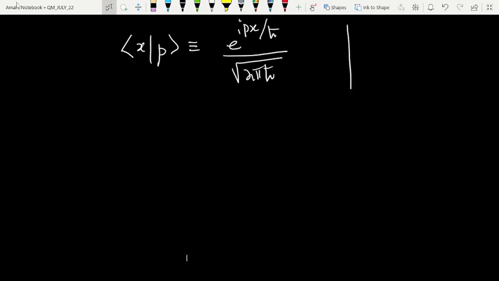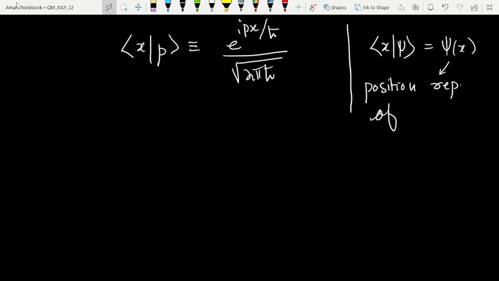We know that the inner product of x with psi is psi of x, which is the position representation of vector psi. So this wave function psi of x is the position representation of wave vector psi.